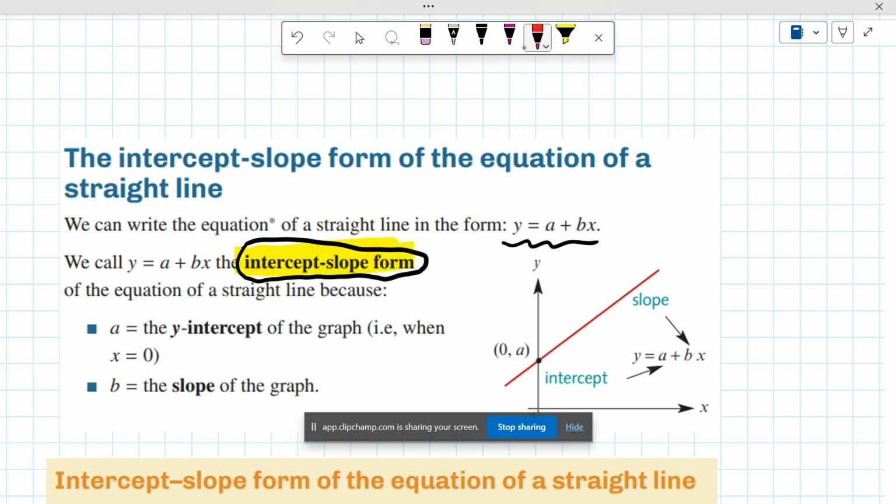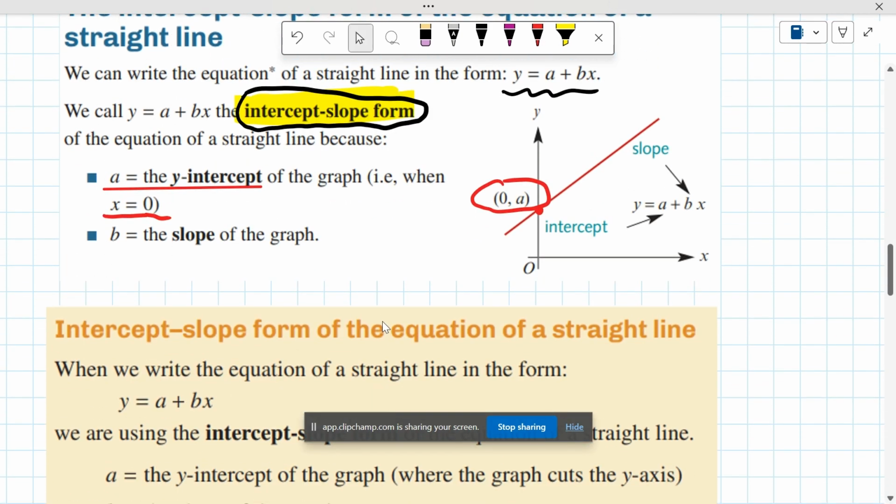What does the intercept form mean? The a represents the y-intercept: when x equals 0, b times 0 equals 0, so 0 plus a equals y. So when x equals 0, we substitute, and that point will be the y-intercept. And b represents the gradient, or slope, of the graph.